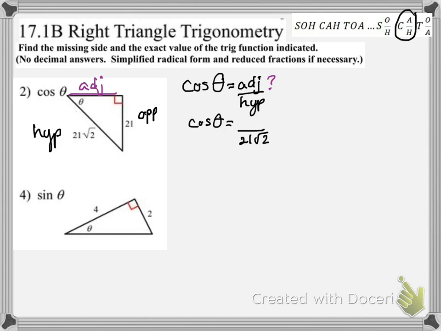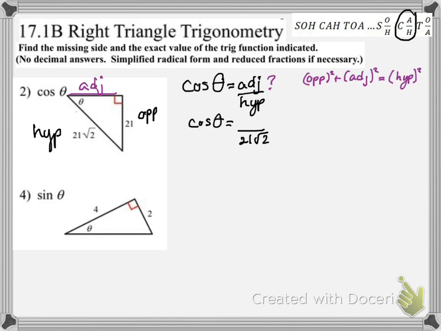You have a right triangle, you know 2 sides out of 3. We're going to use the Pythagorean theorem to figure this out. A squared plus b squared equals c squared becomes opposite squared plus adjacent squared equals hypotenuse squared.